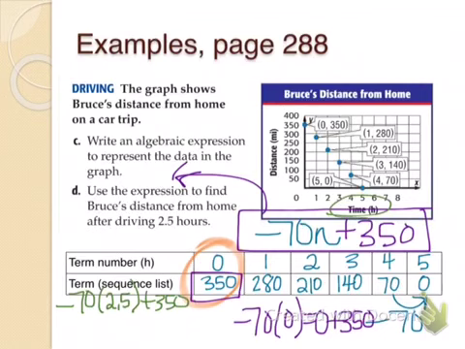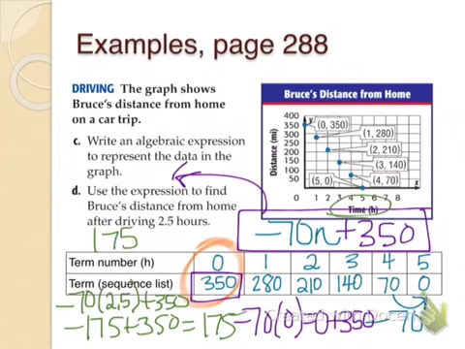All right, so multiplying that, we're going to get negative 175 plus 350, which is going to give us positive 175. So using this expression, his distance from home is going to be 175 miles. So if we look over here on our graph, it tells us that his distance is in miles.